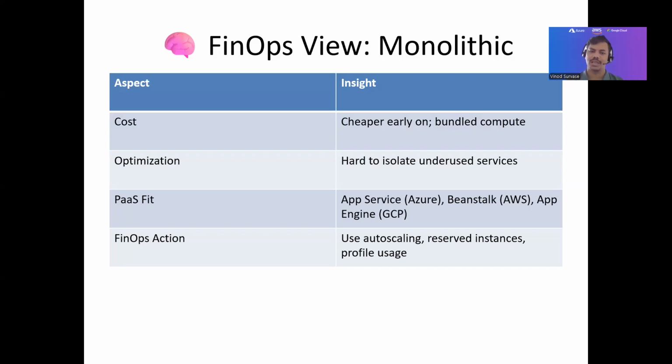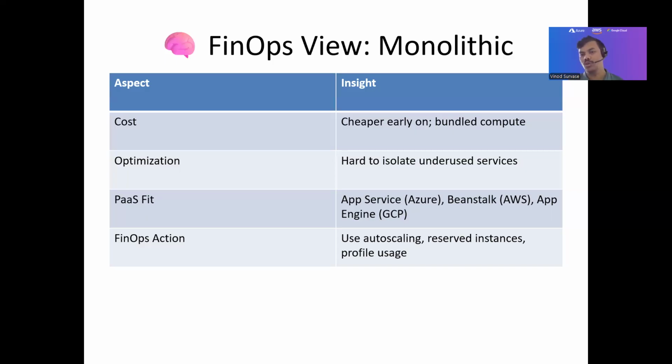On the optimization side, it is hard to isolate an underutilized service or instance because we are using one stronger instance or compute power, where we won't be able to identify and isolate how much is being used.